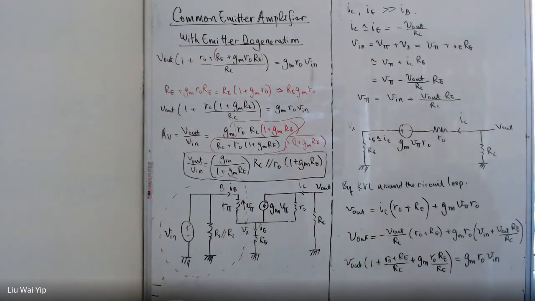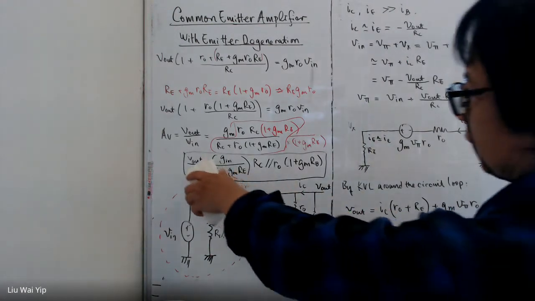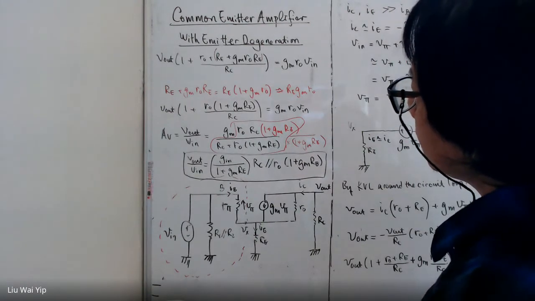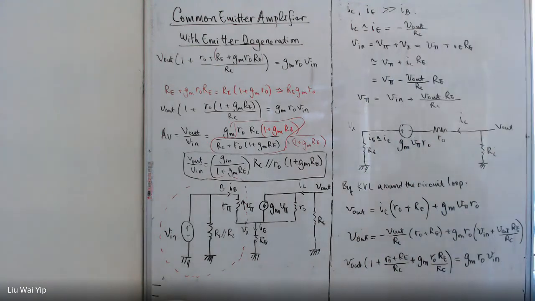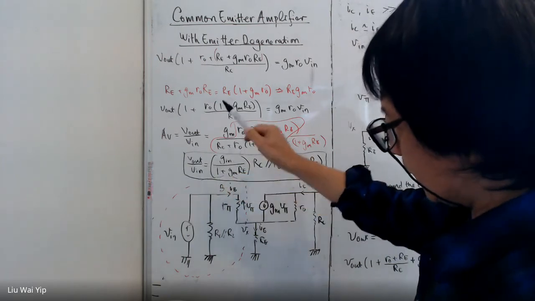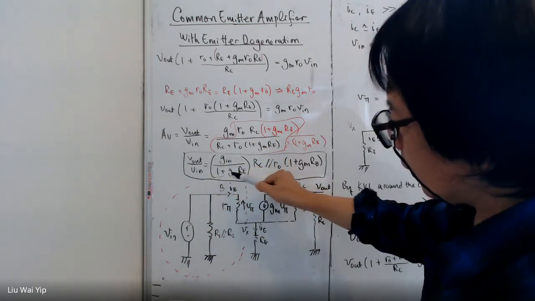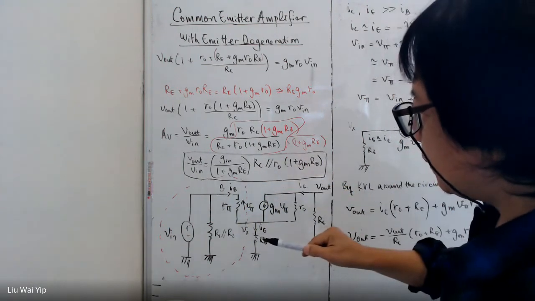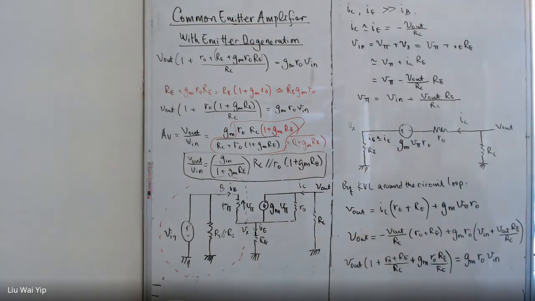So compared to the common emitter amplifier without any emitter degeneration, we noticed that the voltage gain here is the equivalent expression. This expression is somewhat like the transconductance. By the way, there should be a minus sign here. I don't know why I don't have the minus sign.